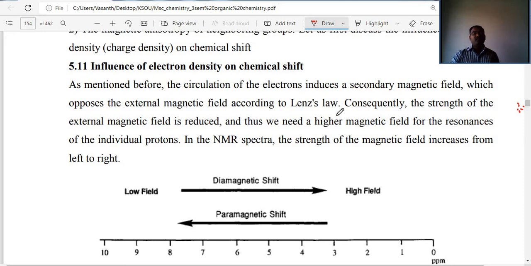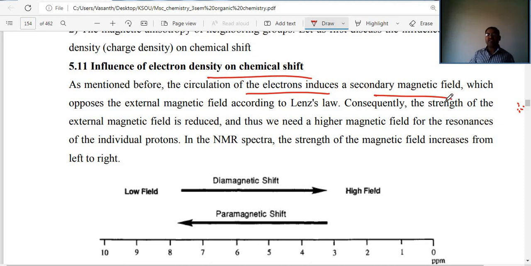The influence of electron density on chemical shift: as mentioned before, the circulation of electrons induces a secondary magnetic field which opposes the external magnetic field according to Lenz's law. Consequently, the strength of the external magnetic field is reduced, and thus we need a higher magnetic field for the resonance of the individual protons.